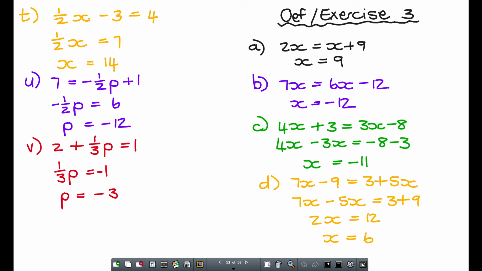Then exercise 3, have a look at A up until D. Any questions there? Can I skip? Right.